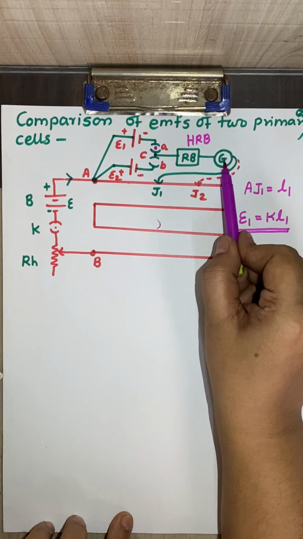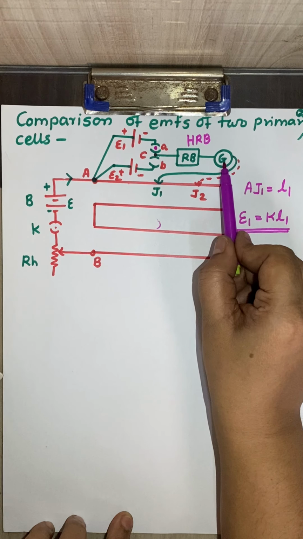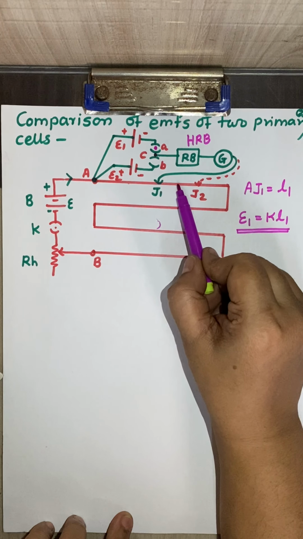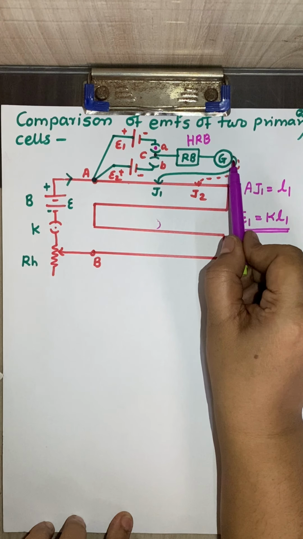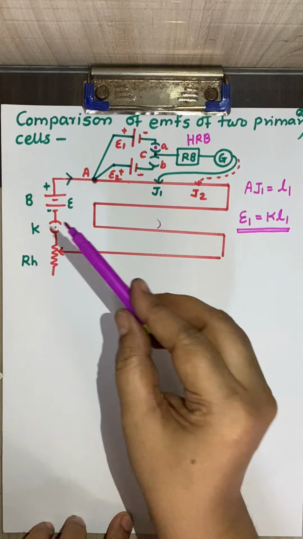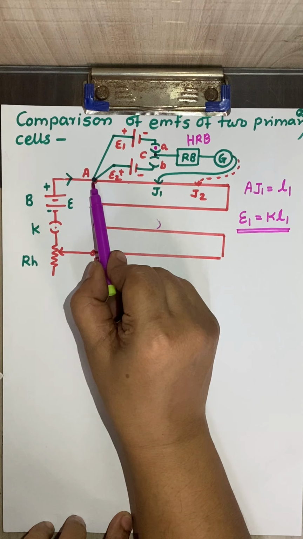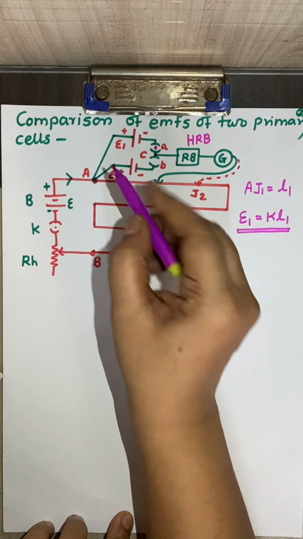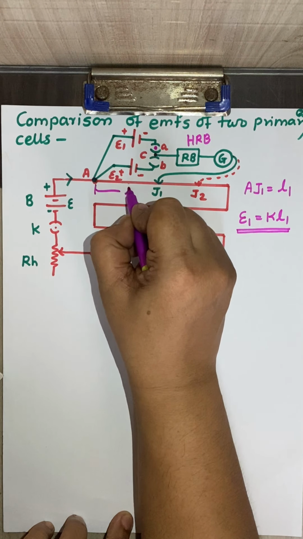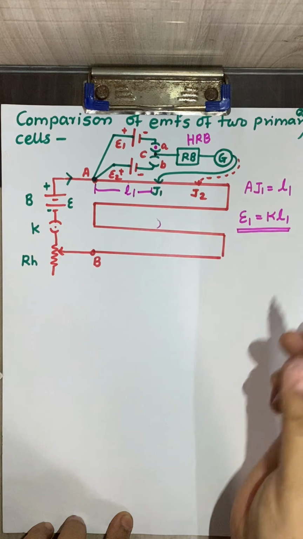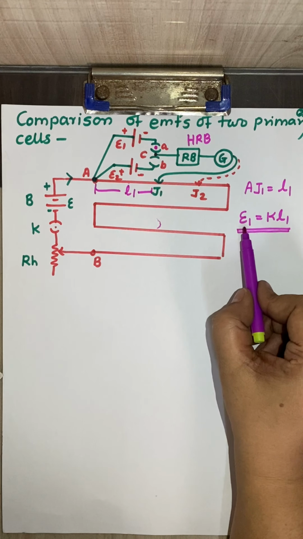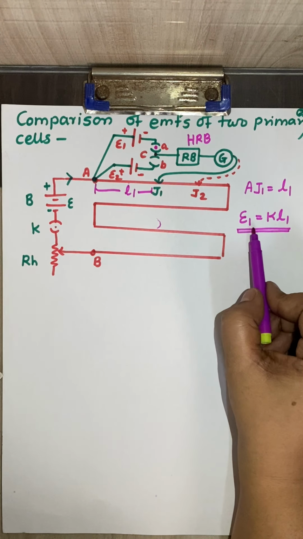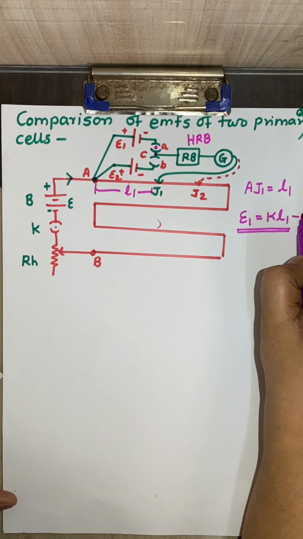After keeping the jockey at a certain particular length, when the galvanometer shows zero deflection, that length from the point A is measured as the balancing length L1, which shows the EMF of the cell. This is the first equation we got.